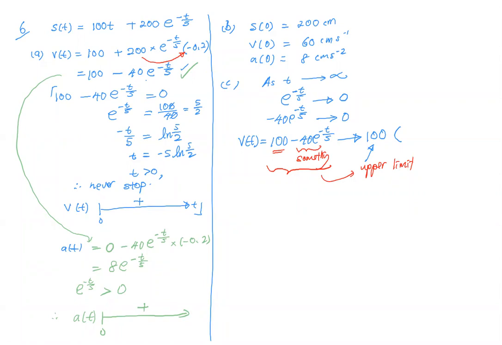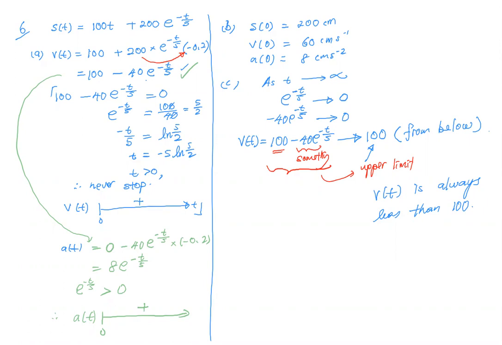So my v(t) is always less than 100. So here I have to put below or above. The whole graph of v(t) is below 100 or above 100. So I have to say from below. Are you okay? So that means the velocity will not go beyond 100. That is the interpretation.